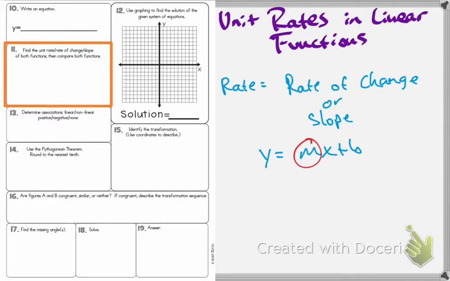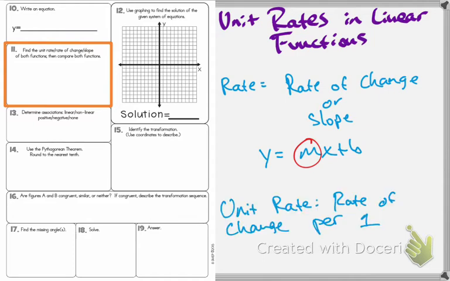A reminder that our rate of change or our slope in an equation or a function is always going to be the m part of our function. That is our slope. And remember that m always is what goes with the x, or is being multiplied with the x that's there.